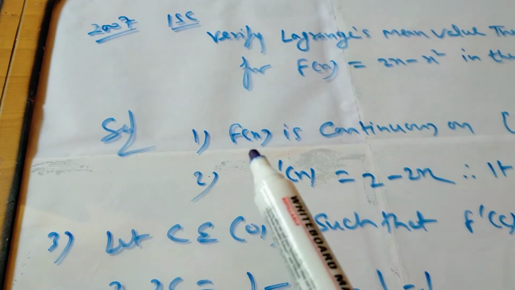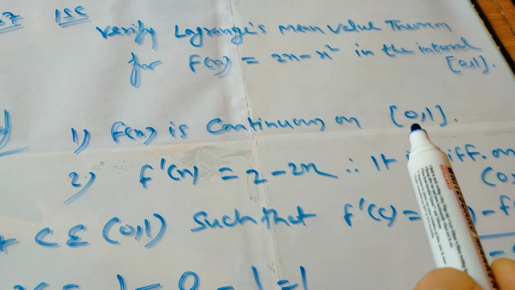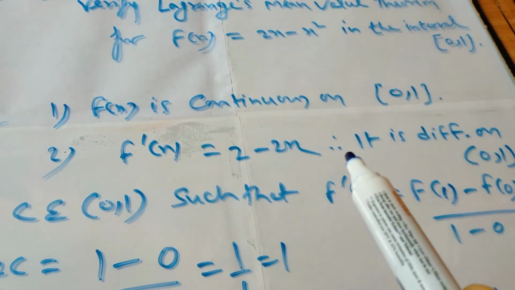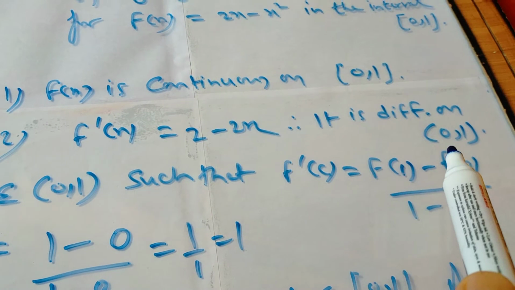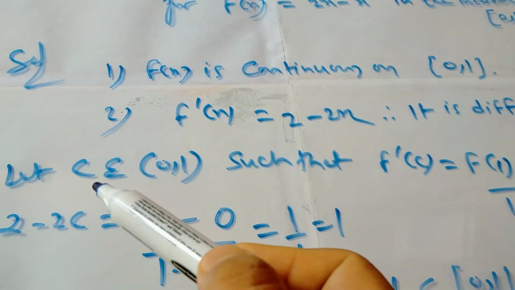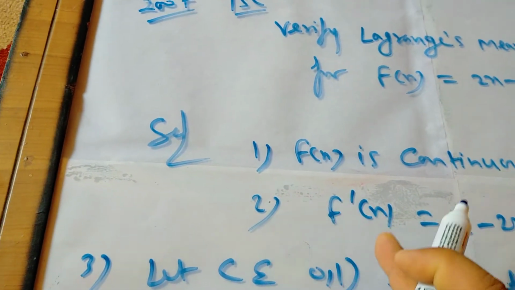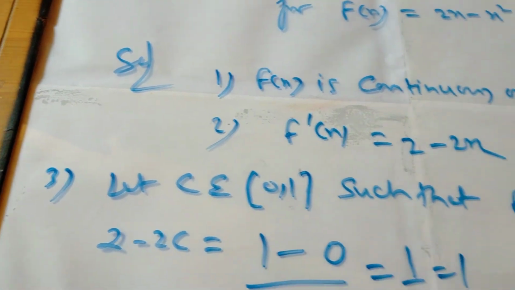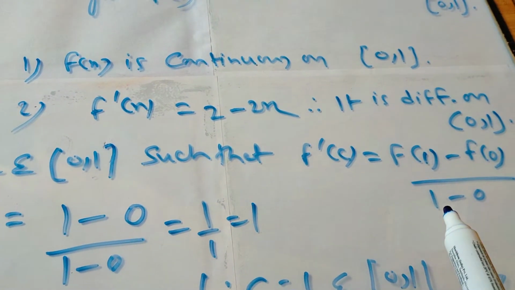What you have to do: in the first step, write that it is continuous on [0, 1]. In the second step you differentiate, then write that it is differentiable on (0, 1), the open interval. Here you wrote the closed interval, here it is an open interval. Now c belongs to [0, 1], which you write as a closed interval because it is given so in the question, such that f'(c) equals (f(1) minus f(0)) upon (1 minus 0).